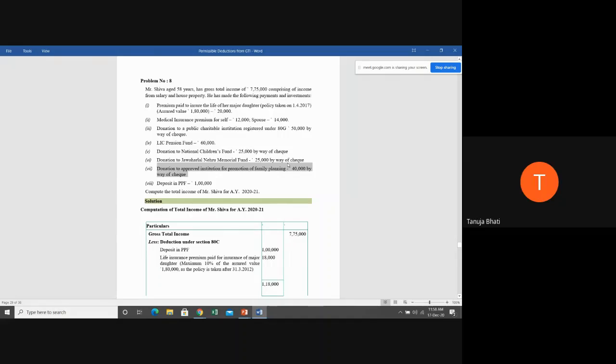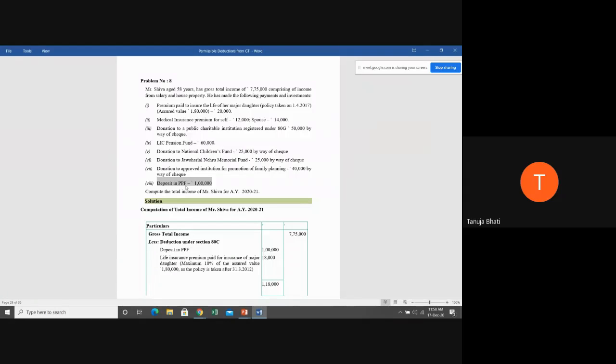Under which section is it going to fall? 80G, ma'am. Okay. The categories I'll ask you shortly. Deposit in PPF. Under which section are you going to get a deduction? 80C, ma'am. Very good, students.